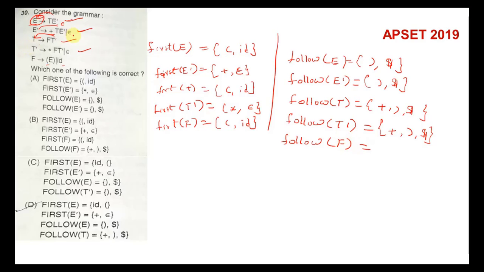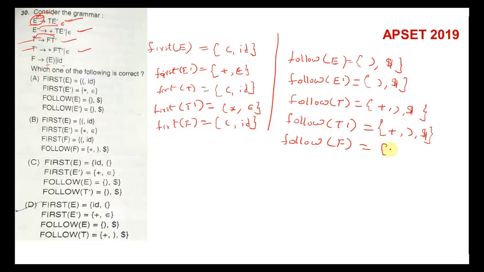For this one we have to see the right-hand side of the production rules, where the F is, and here we have F and here also we have an F. So now see this production rule, after the F we have a T'. T' is a non-terminal, so we have to calculate the first of T'. What is the first of T' here?